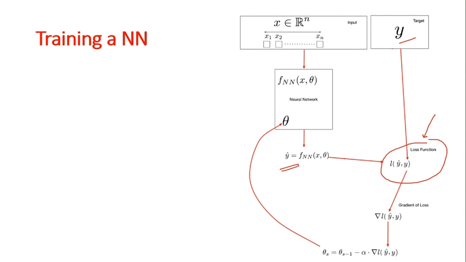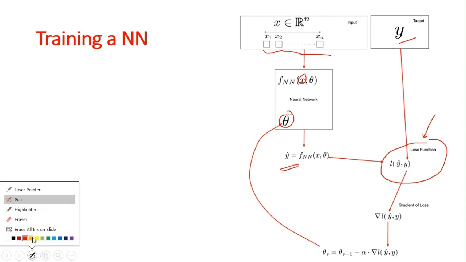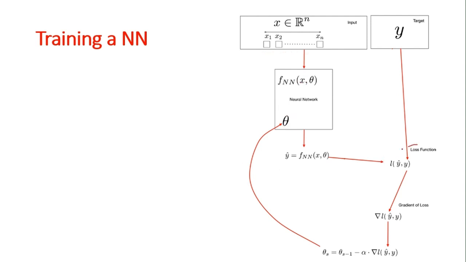Now, how will you do that? In order to minimize that, what is the actual procedure? x cannot be varied to the neural network. x is fixed. x is the given input. Now, what can we vary? We can vary the parameter theta. So this loss function will be optimized by varying theta.